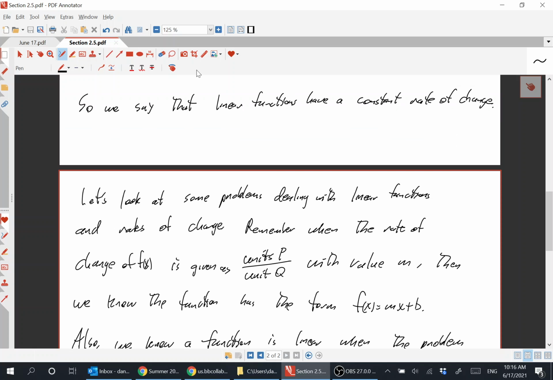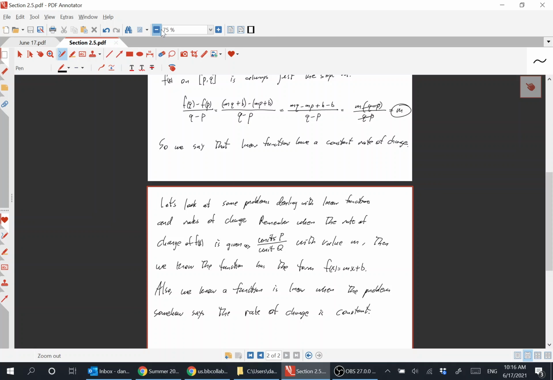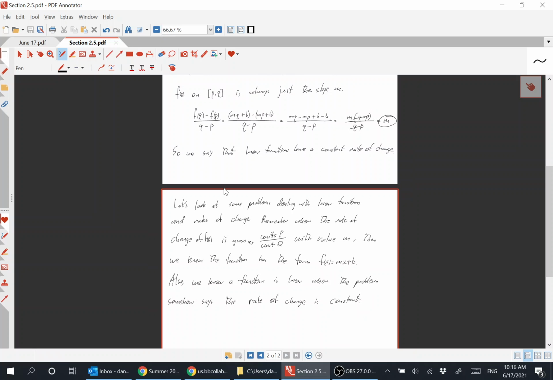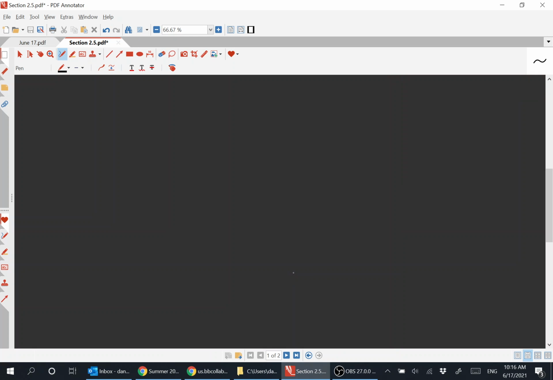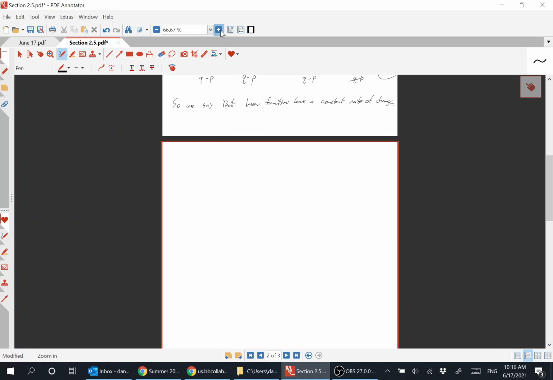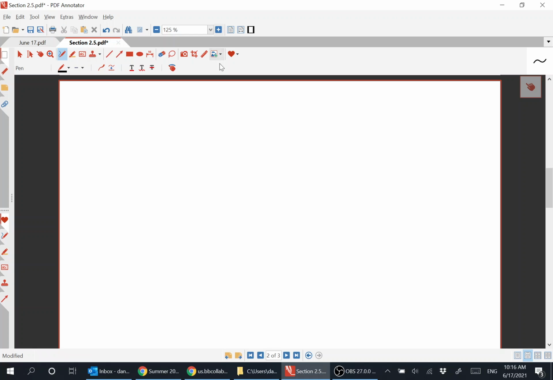Also the b, which is the y-intercept, can be thought of as an initial quantity. Sometimes that's what it's called, or initial condition.